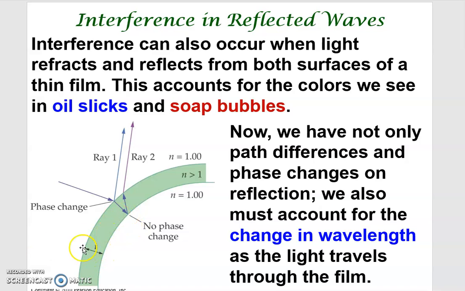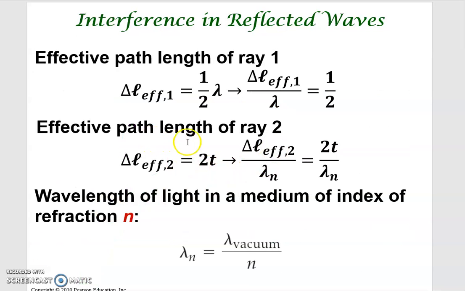We simply consider the thickness of the soap bubble is T. Therefore, the effective path length for ray 2 is 2T. But when you try to divide by the wavelength, it is not that trivial. This is the wavelength in the bubble, so the wavelength is no longer the same. The wavelength of the light in a medium of index n, the wavelength lambda m, will be this value.